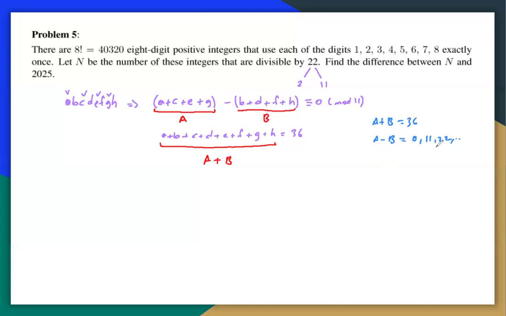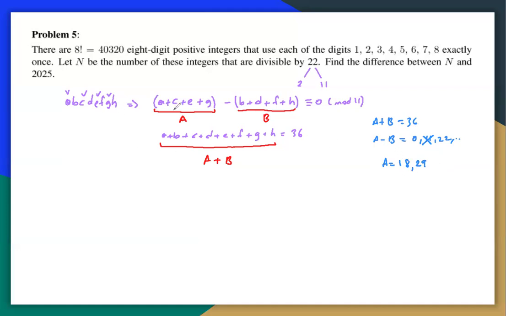Since the sum is even, we cannot have an odd difference, so 11, negative 11, or any odd multiple of those doesn't work. If I start with 0 for A minus B and add the equations, I get 2A is 36, so A is 18. If the difference is 22, you get 58 divided by 2, which is 29, and that would force B to be 7.